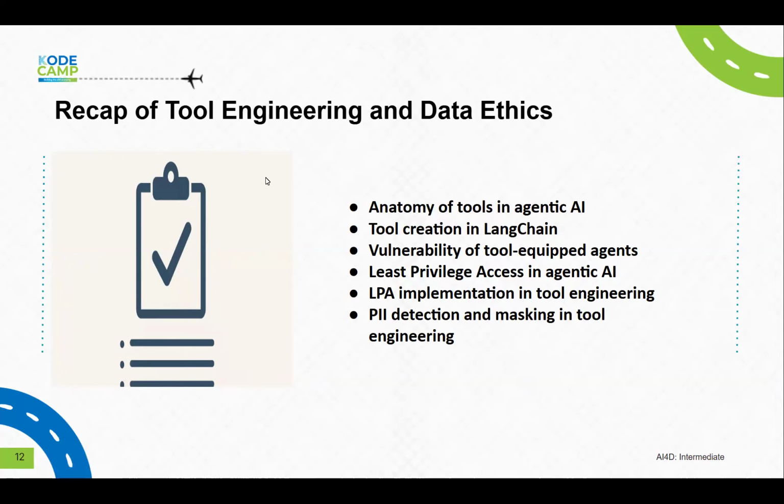So therefore, you limit it, right? I also grabbed the part about PII detection and masking in tool engineering, whereby we did something about PII scrambling and data masking. So that's all from me.